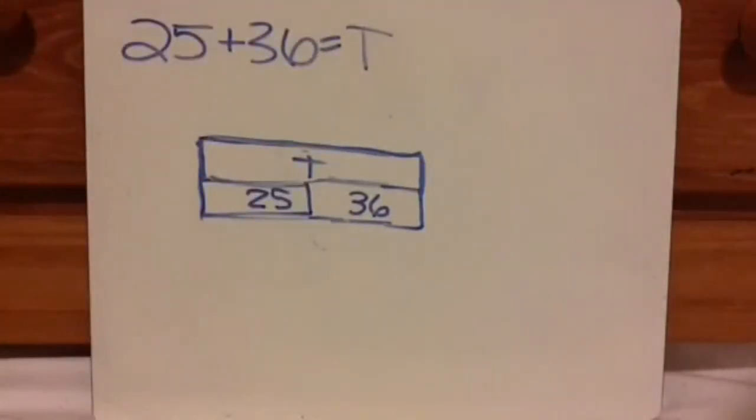So now let's look at what multiplication looks like, because multiplication and addition go hand in hand. Suppose I have a multiplication question that says she has 4 bags with 25 pencils in each bag.